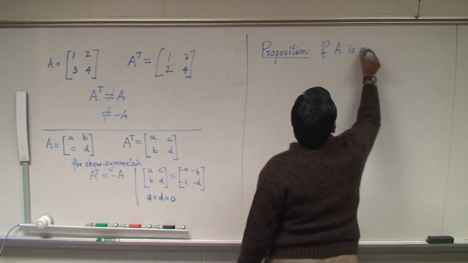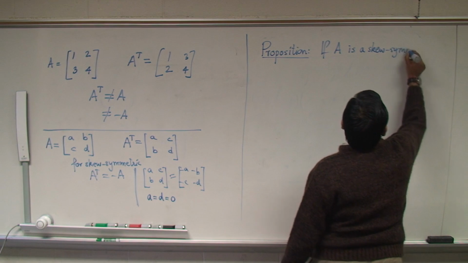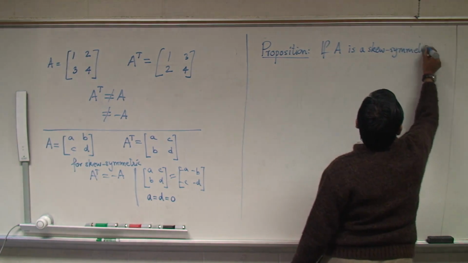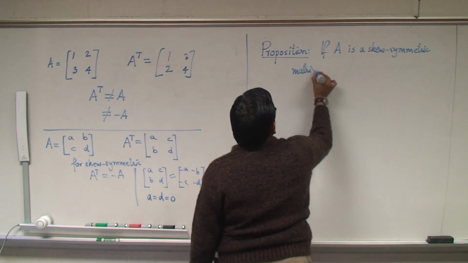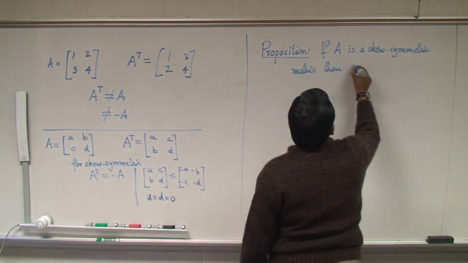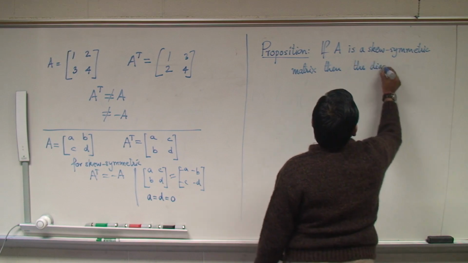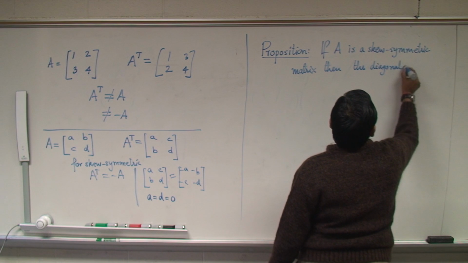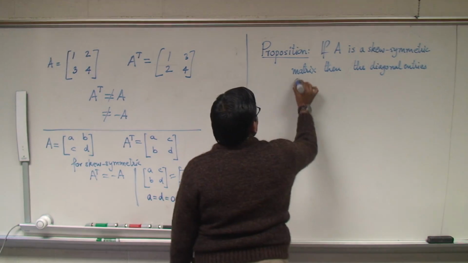If A is a skew symmetric matrix, then the diagonal entries have to be 0.